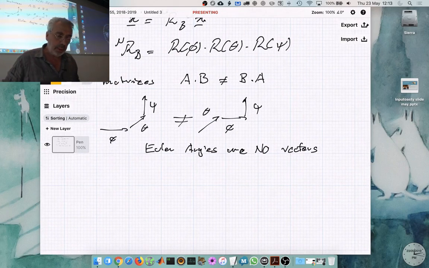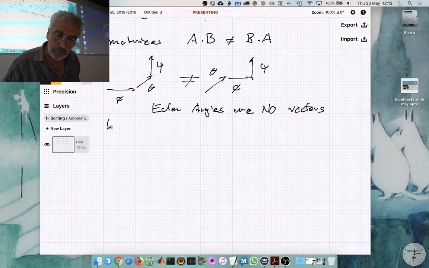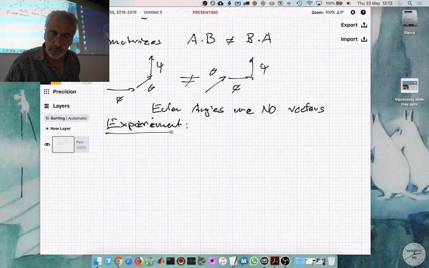And to demonstrate that, I like to do a demonstration with some volunteers. And as it happens, I have a lot of volunteers here in the room, so I propose we all volunteer. The experiment is as follows.